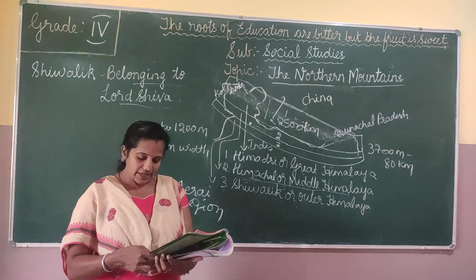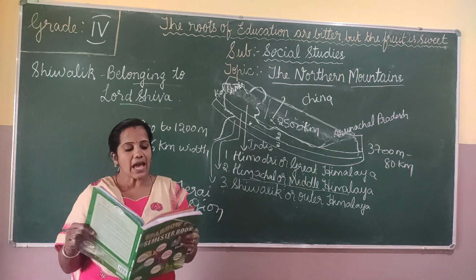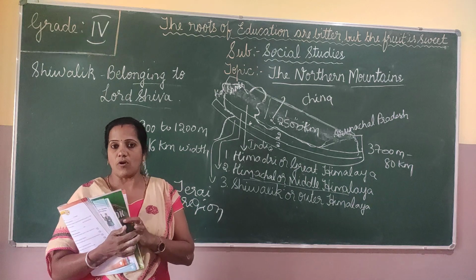Deforestation in the Shivalik range and the Terai area for wood and farmland has destroyed many of the forests here.